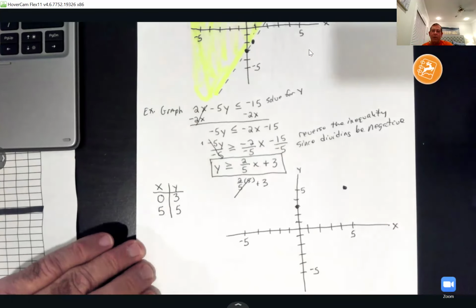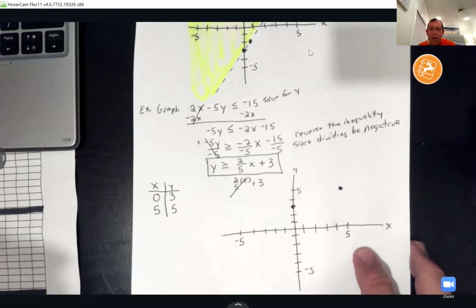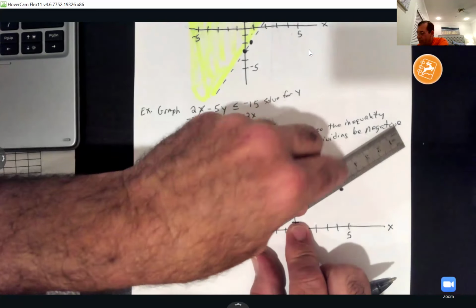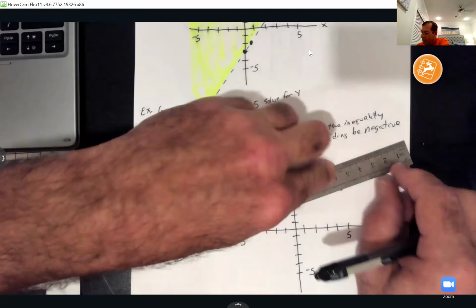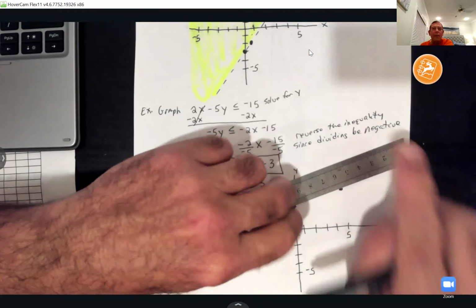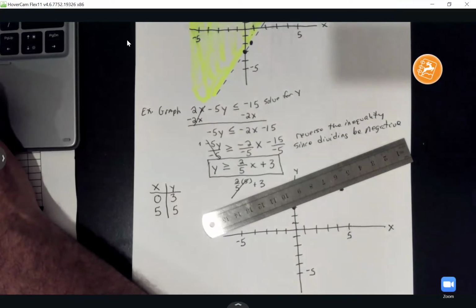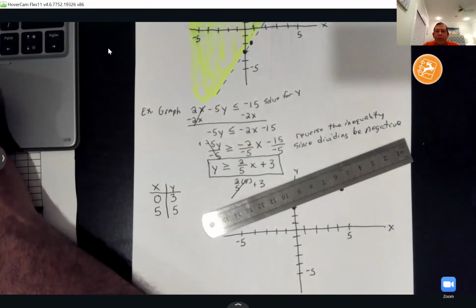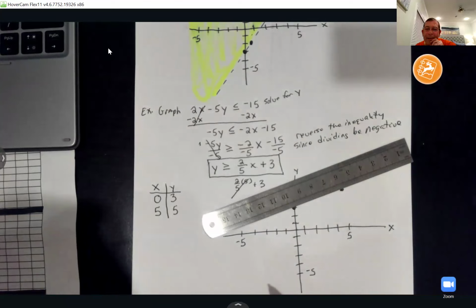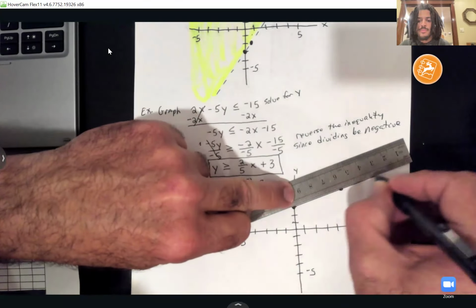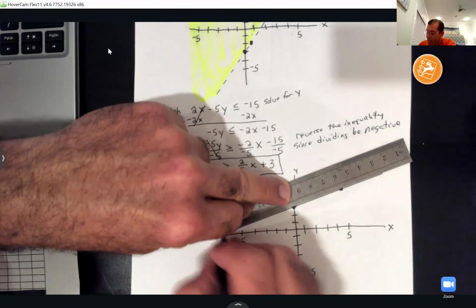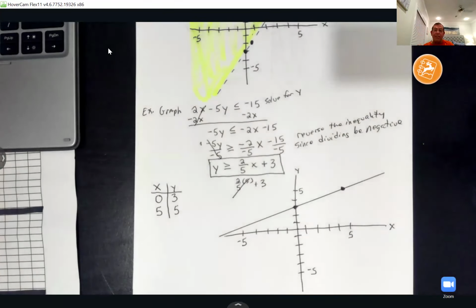All righty. So the first question would be solid or dashed? What are y'all saying? Solid. All right, it's definitely solid. Remember, if it's got equals on it, it's definitely solid.